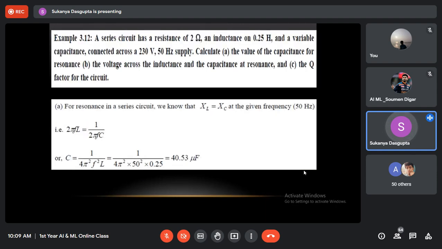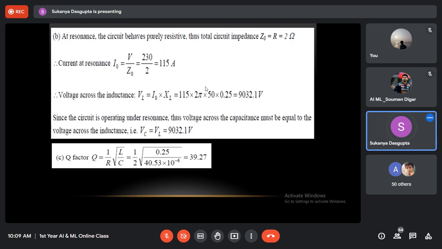Now, second question is voltage across inductance and capacitance at resonance. Voltage across inductance means VL, I times XL. And voltage across capacitance means VC, I times XC. Okay. So what is I? I at series resonance is simply V by Z naught, correct?